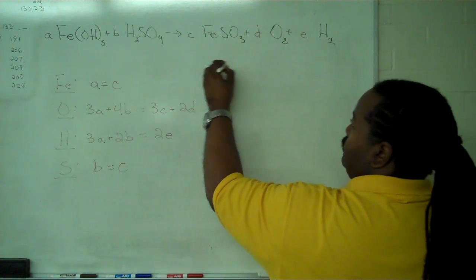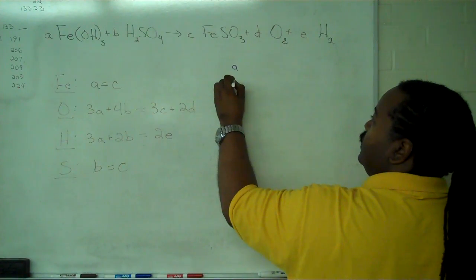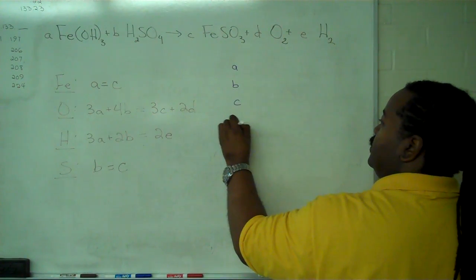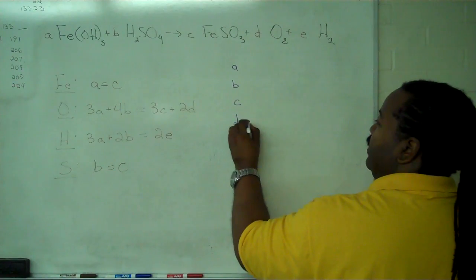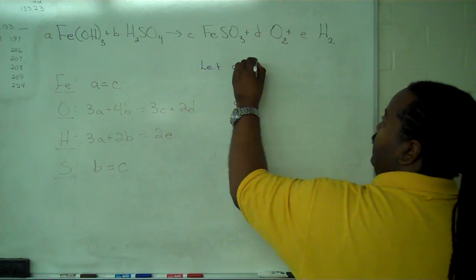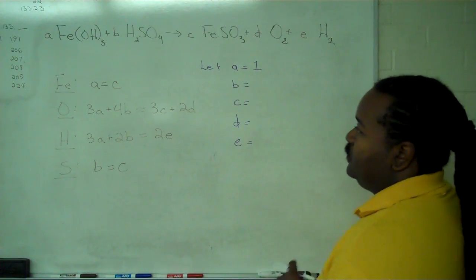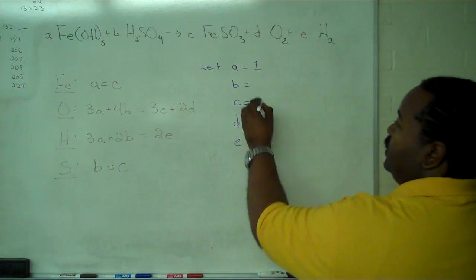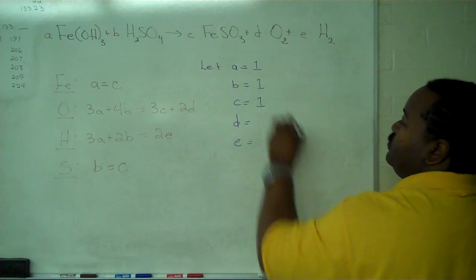So, A, B, C, D, and E have to be determined. And I'm going to choose to let A be equal to 1. If A is 1, C is 1, B is also 1.